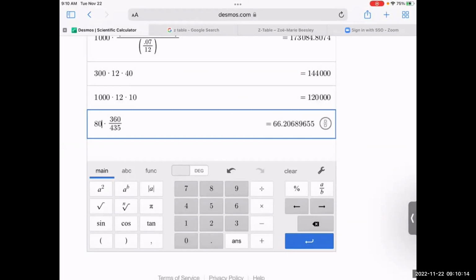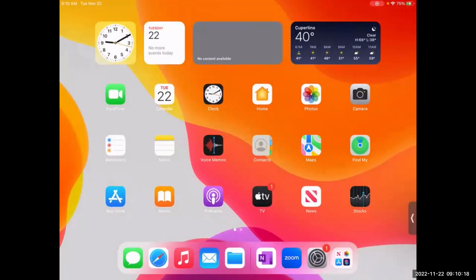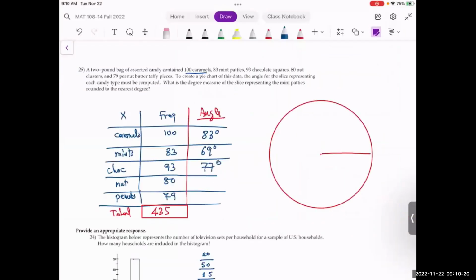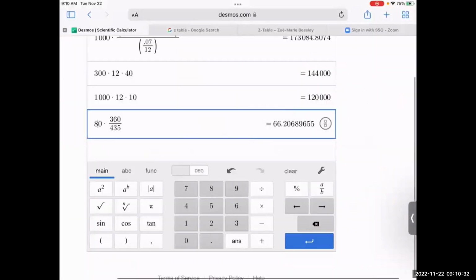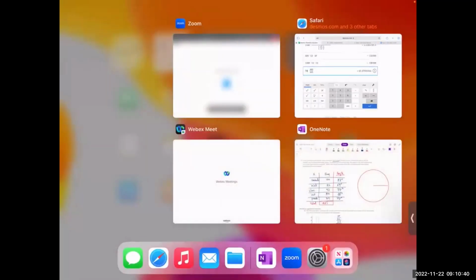And that's going to give me 66.2, which is 66. And the last one is going to be 79. 79 is almost 77, right? Yeah, 65. It's going to be 65. Sorry.